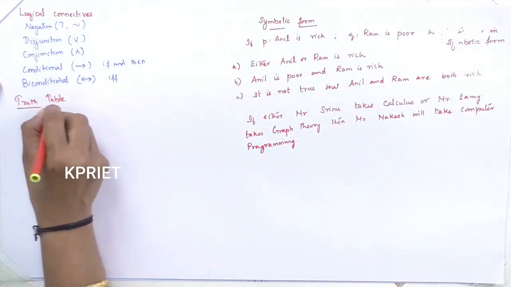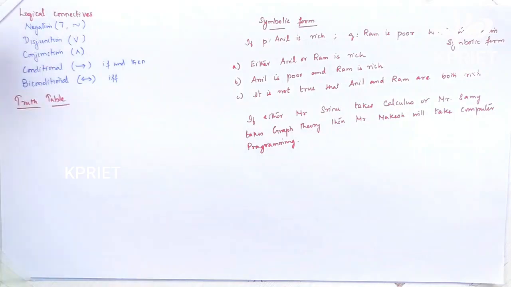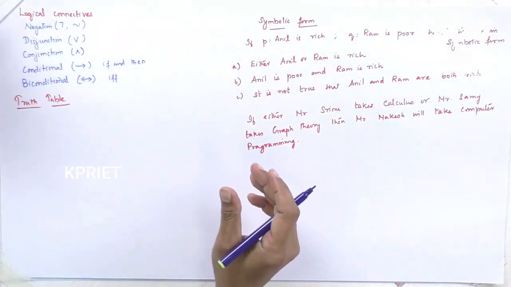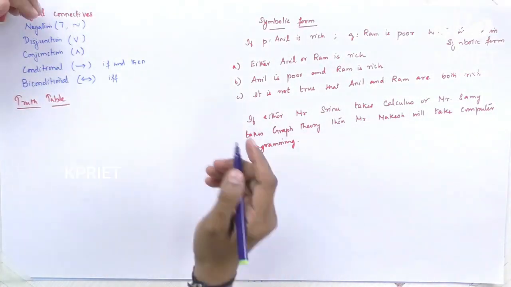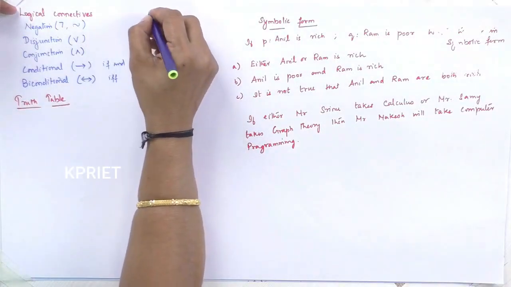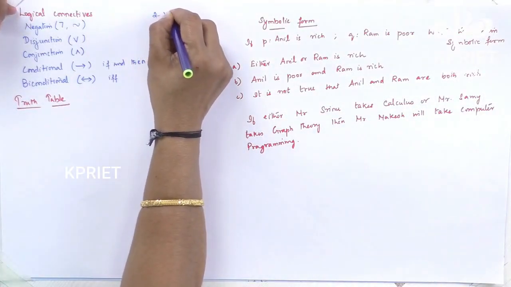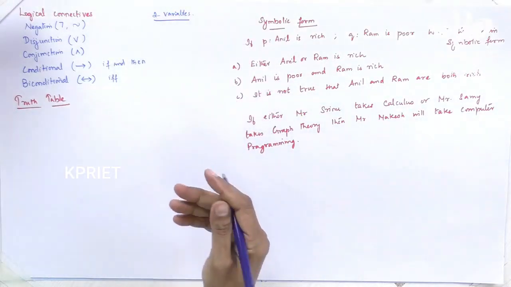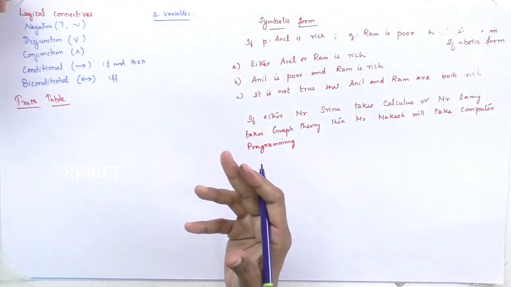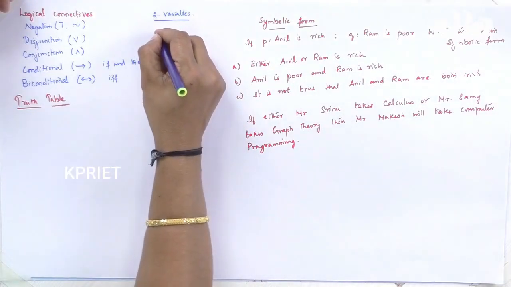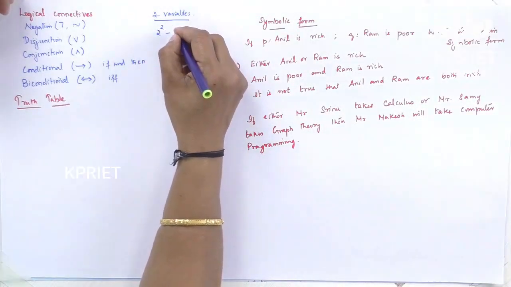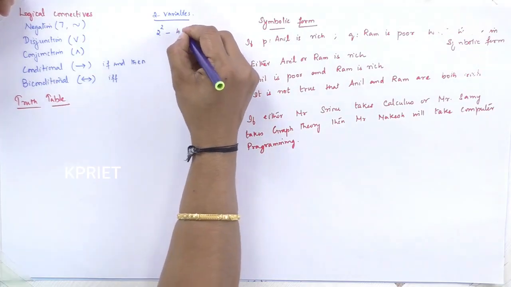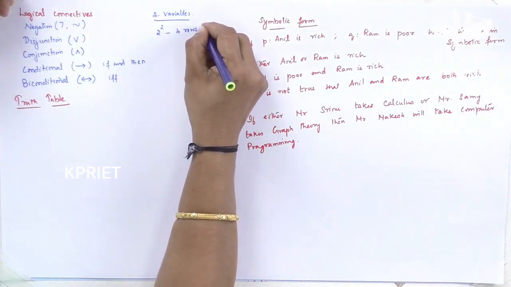Even before we enter into the construction of the truth table, suppose we have got 2 variables. If 2 variables are given in a statement, then how many rows do we have in the truth table? It is 2 power 2, which means that we will have 4 rows in the truth table.